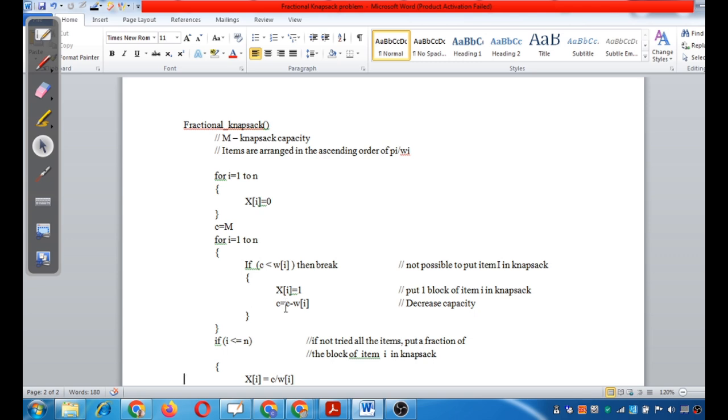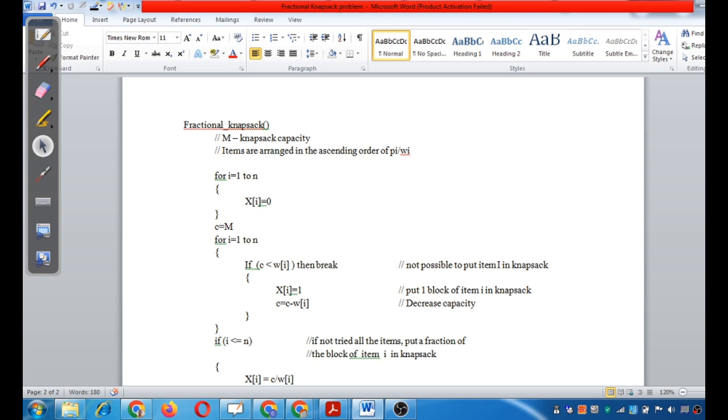Then we will update the remaining capacity. We will decrement the weight of that item from the remaining capacity. We will go for the next item. When the weight of the item is greater than the remaining capacity, we will exit. Then we will check whether we have tried all the items or not.